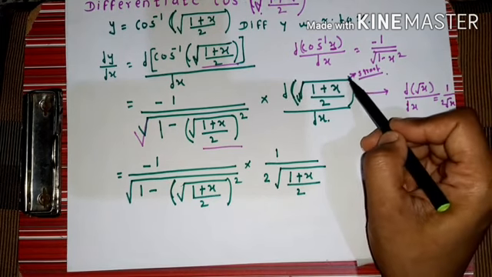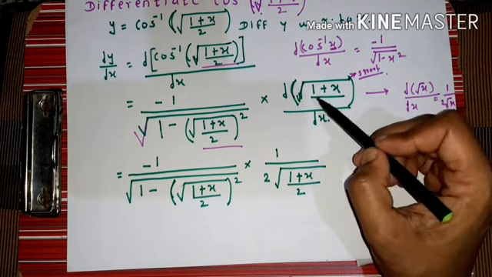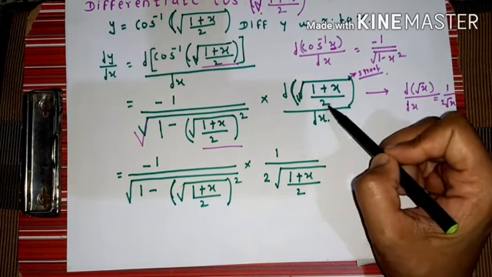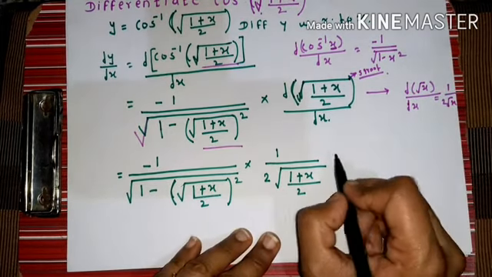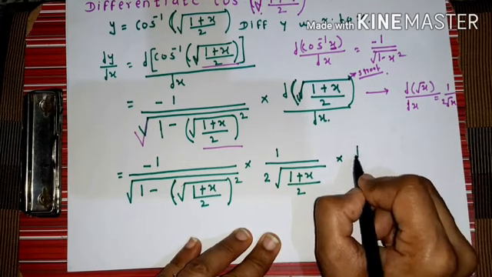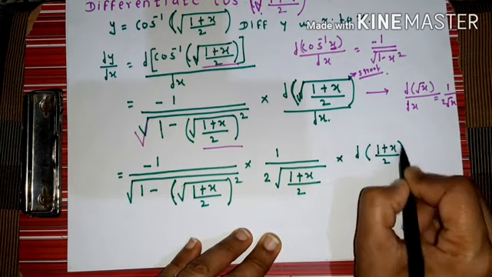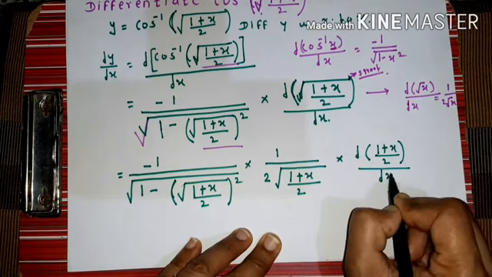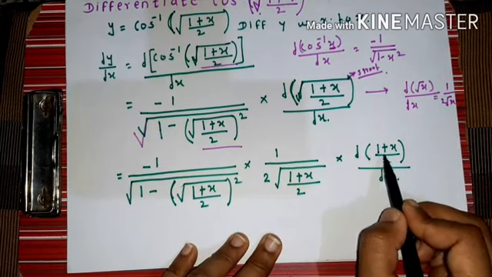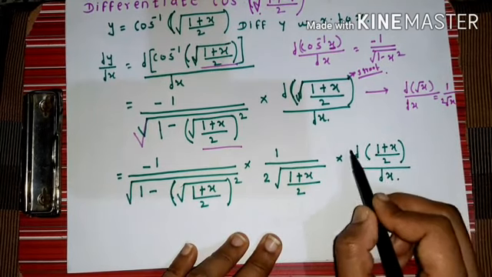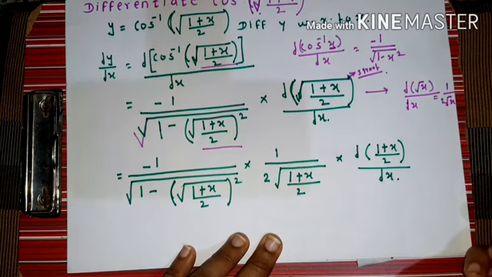But this square root function is again a function of the inner function. And which is the inner function? That is 1 plus x upon 2. And that is again differentiable. That's why again differentiate it. That is into differentiation of 1 plus x upon 2 with respect to x. Okay. And this is differentiation of 1 upon 2 with respect to x plus differentiation of x by 2 with respect to x.